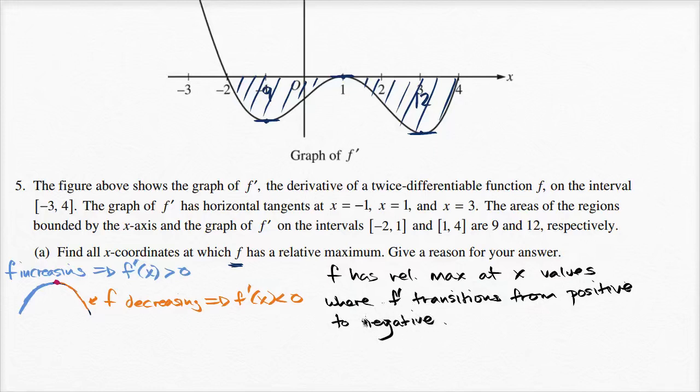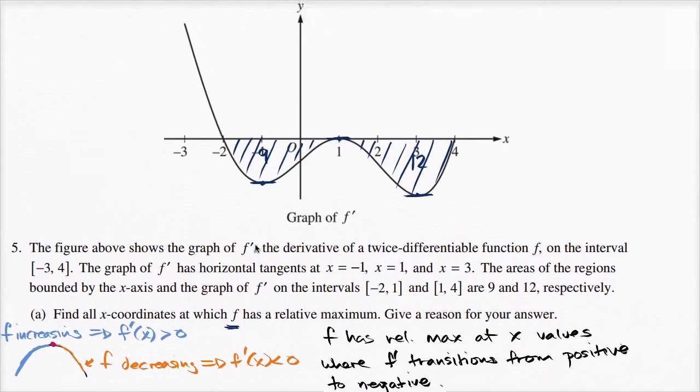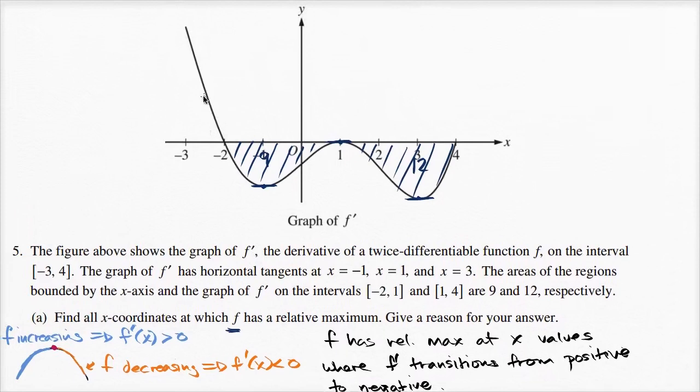And where do we see f prime transitioning from positive to negative? Well, over here we see that only happening once. We see right here f prime is positive, positive, positive, and then it goes negative, negative, negative.